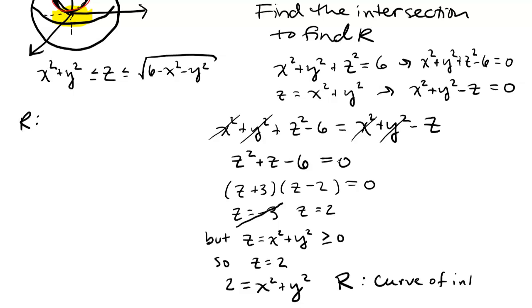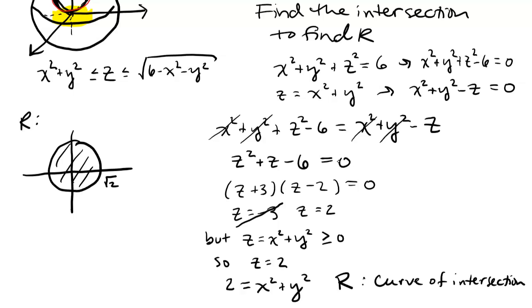So if we draw that, we can see it's circular. It's centered at the origin, and it has a radius of square root 2. So when we look for our bounds, we can solve for y, and you'll notice we have y equals a positive or negative square root.